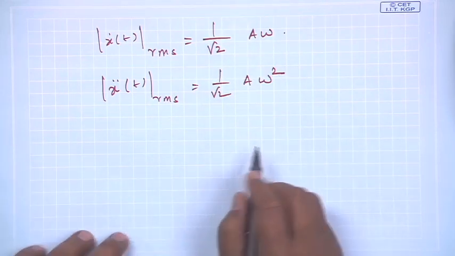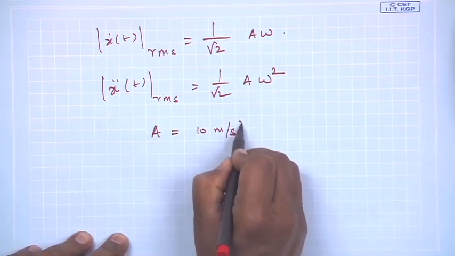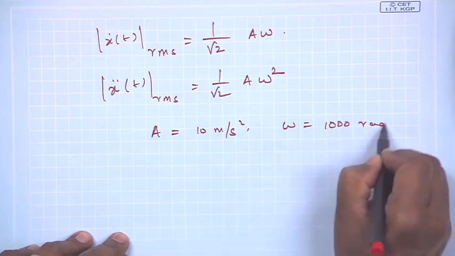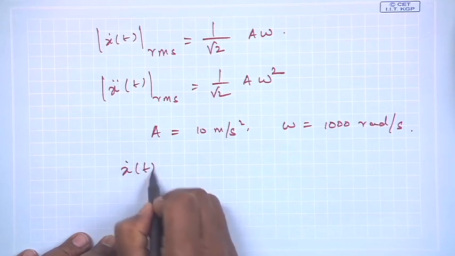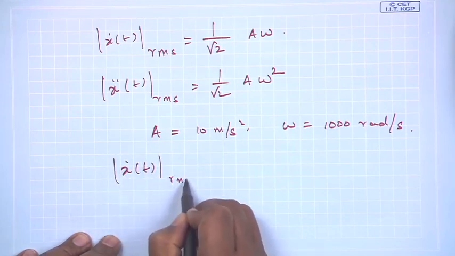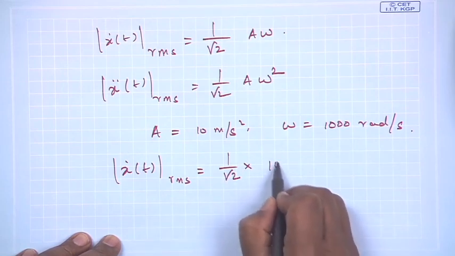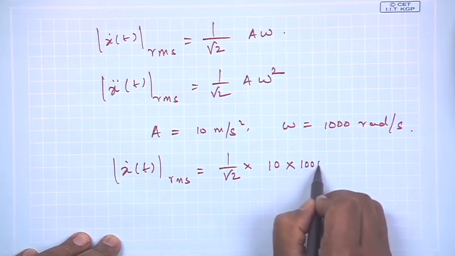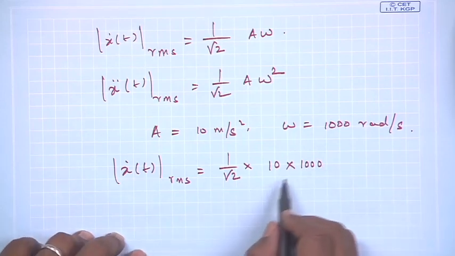Okay. But a is given to us as 10 meters per second square, and omega is 1000 radians per second. So, just by substitution x dot t RMS would be 1 by root 2 times 10 times 1000.